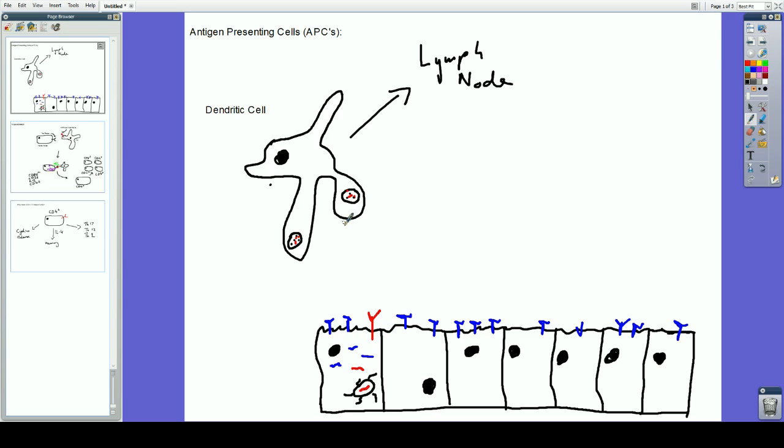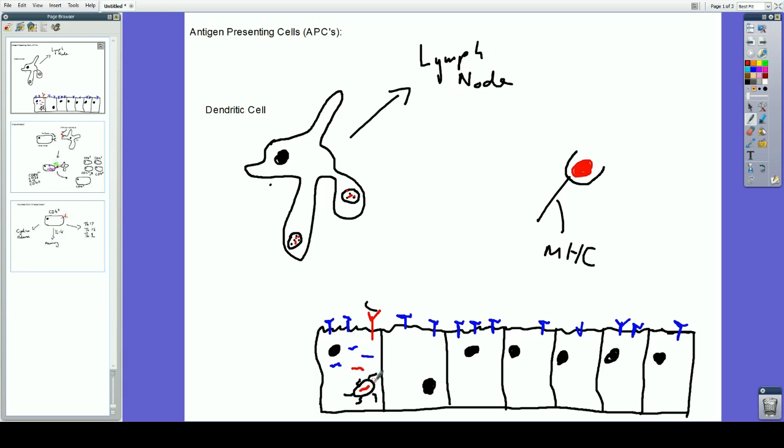It takes the antigen from the receptor, because this is more than just an antigen. This is an MHC molecule, and inside the MHC complex we've got this foreign antigen.